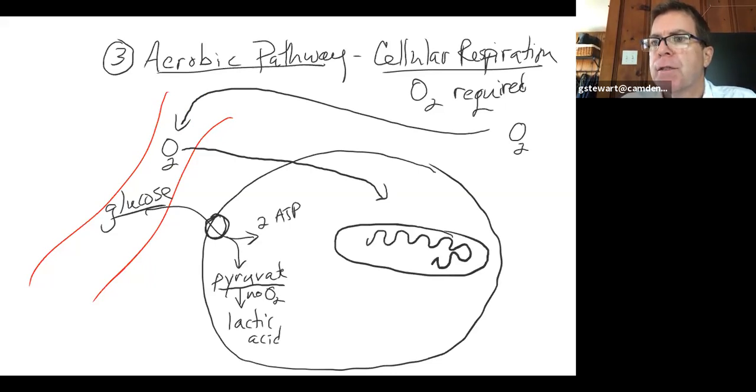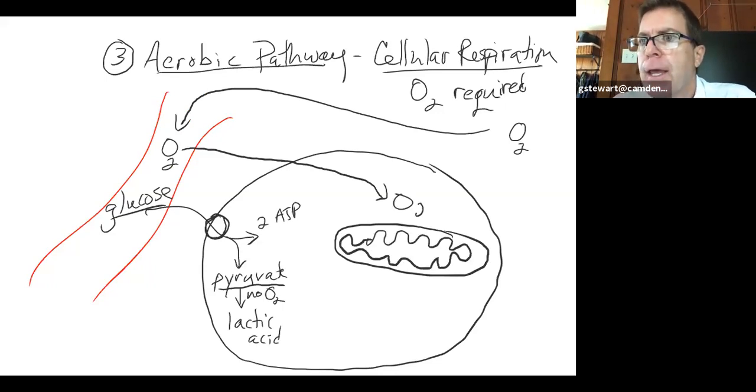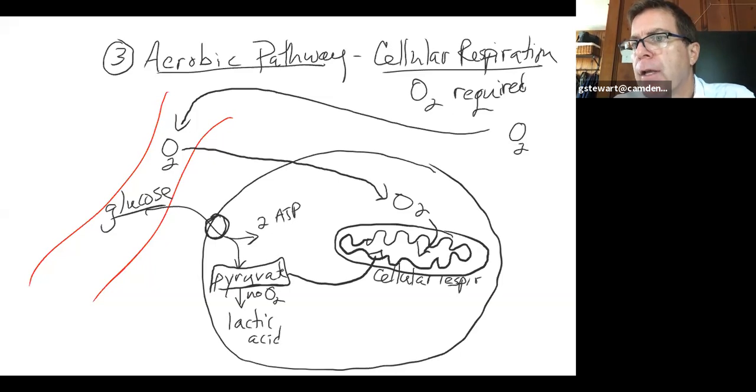And skeletal muscle cells are chock full of mitochondria. So oxygen then heads to the mitochondria. This pyruvate also heads to the mitochondria. That's where cellular respiration occurs, the Krebs cycle and the electron transport chain.